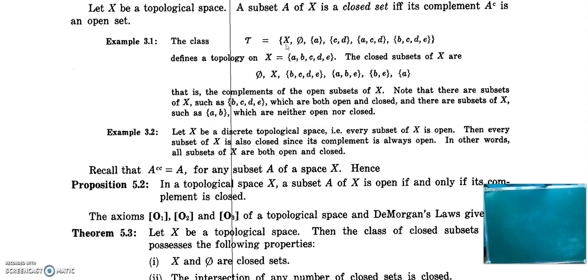So here the complement of X is empty, the complement of empty is X, the complement of the set A is the set with elements B, C, D, E, and the rest will follow. All of these are closed sets, the complements of the open subsets of X.